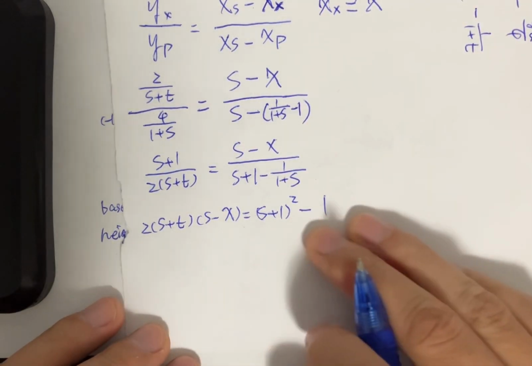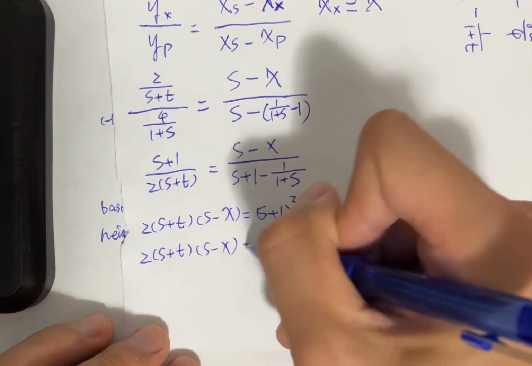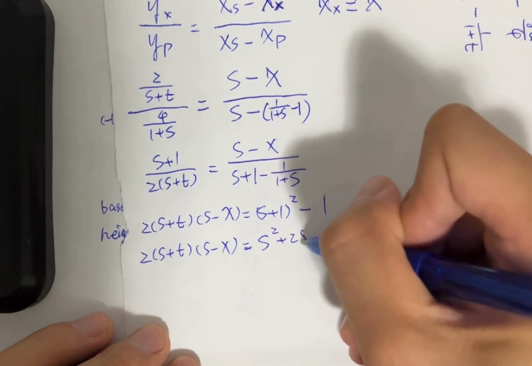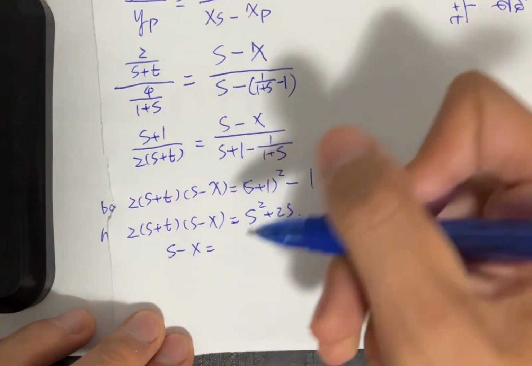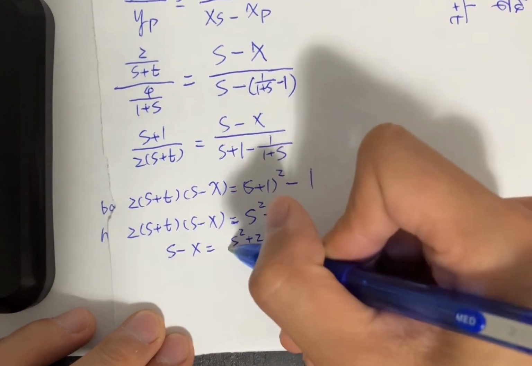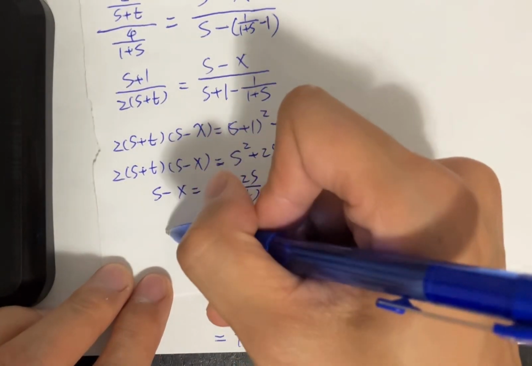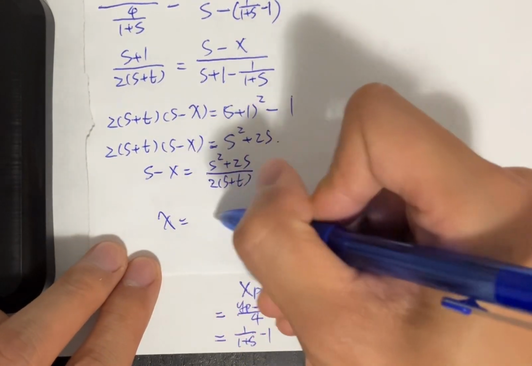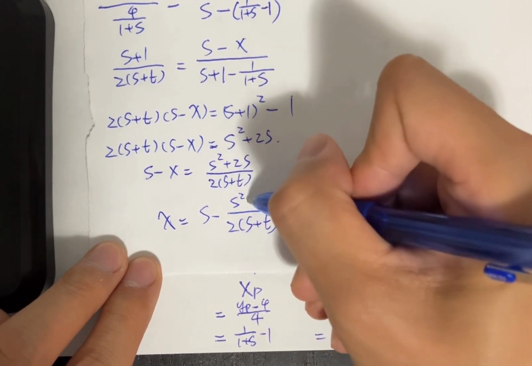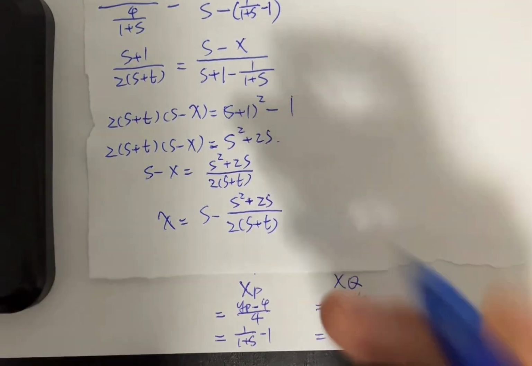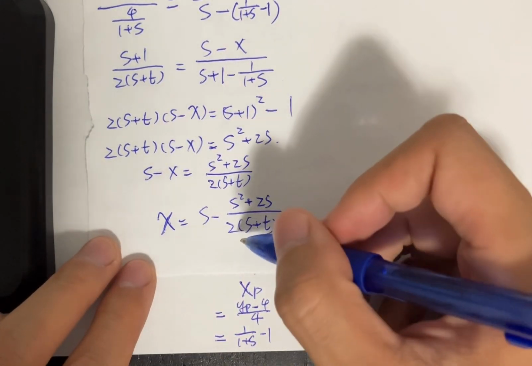Let's open up the bracket: S minus X is S squared plus 2S over 2 times S plus T. So X should be S minus (S squared plus 2S) over 2 times (S plus T). This is the first expression we've got for X.